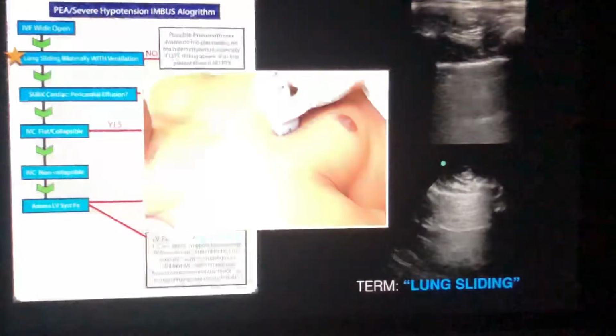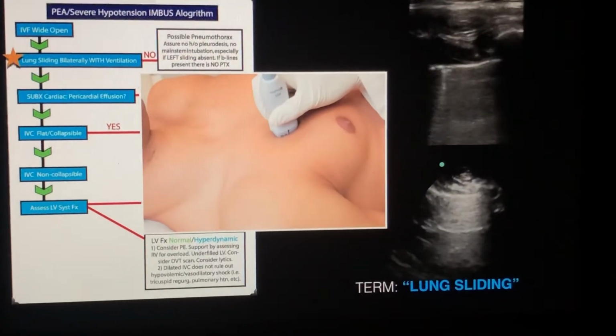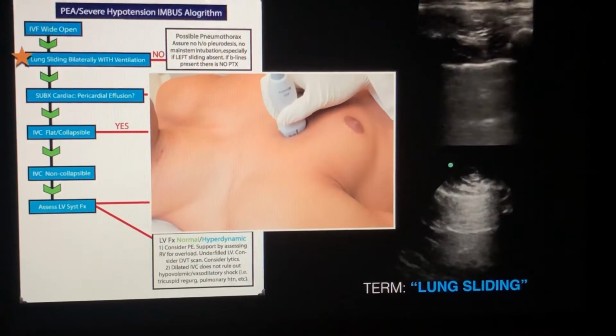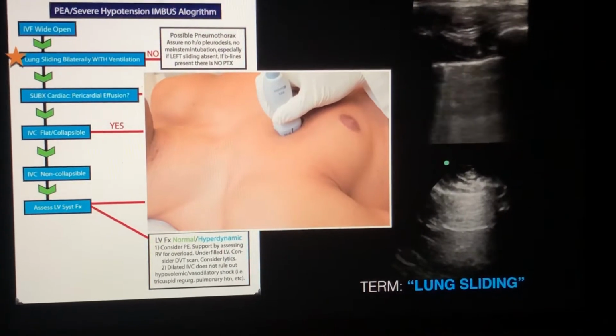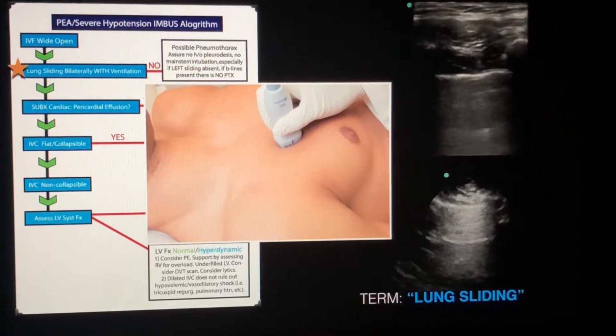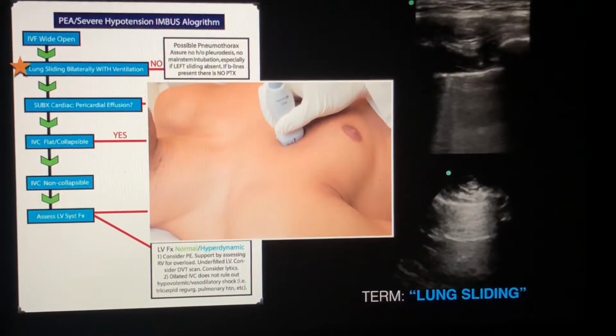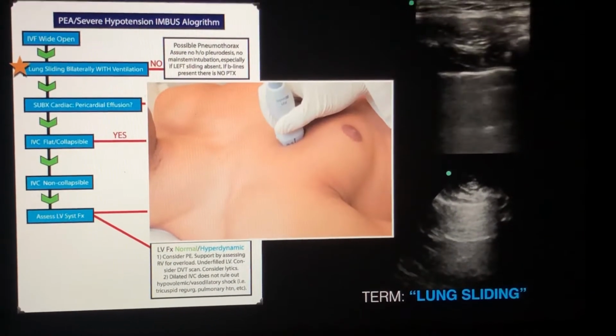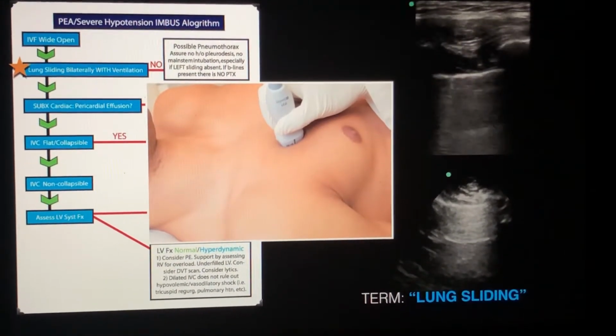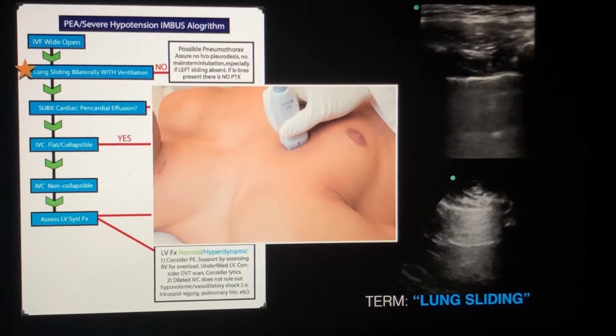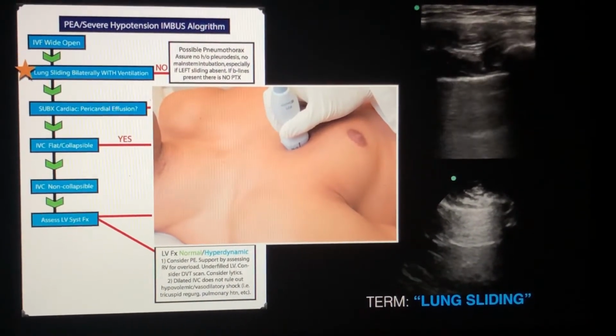They show lung sliding, which is really the movement of two pleural surfaces on each other. One pleural surface, which is attached to the outside of the lung, is moving back and forth on the other pleural surface, which is attached to the inside of the chest wall. And this happens as the lung inflates and deflates during ventilation.